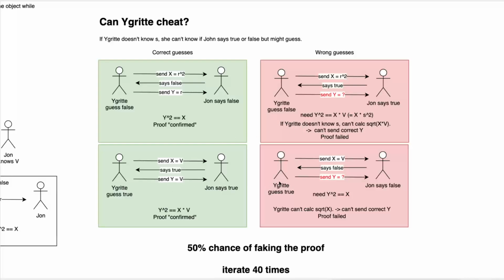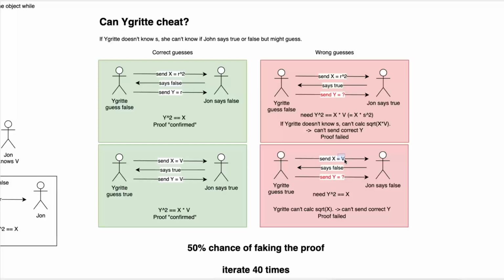Same thing if she guesses true in the beginning. Because if she guesses true, she needs to send that so that it all checks out. She sends x is y, x is v. John says false. It doesn't say true, he says false. And now she has a problem that she needs to find a y so that y squared is x.